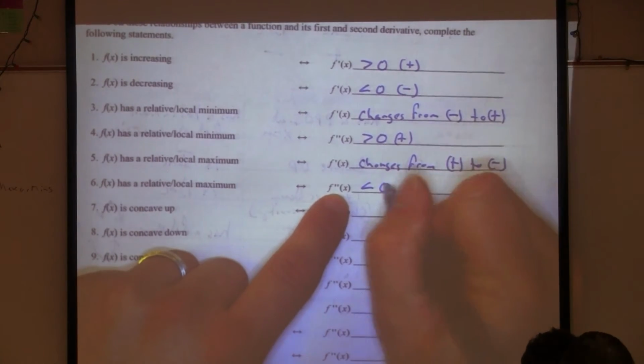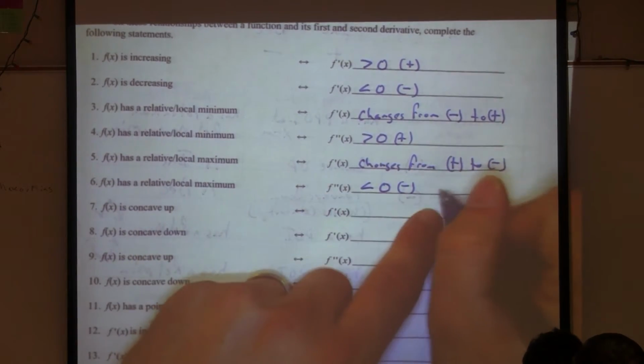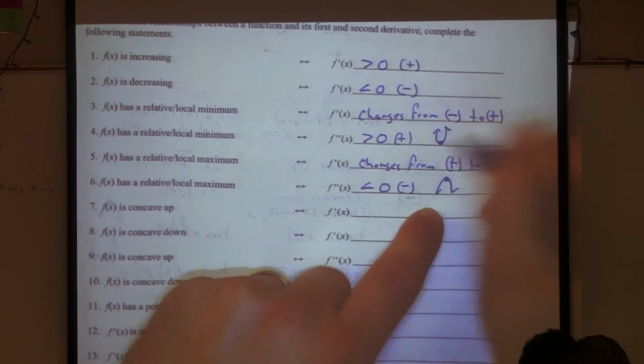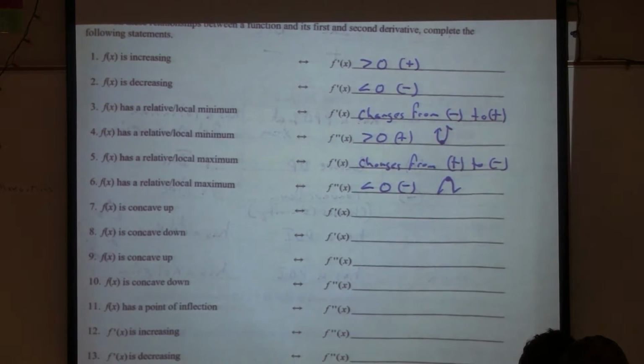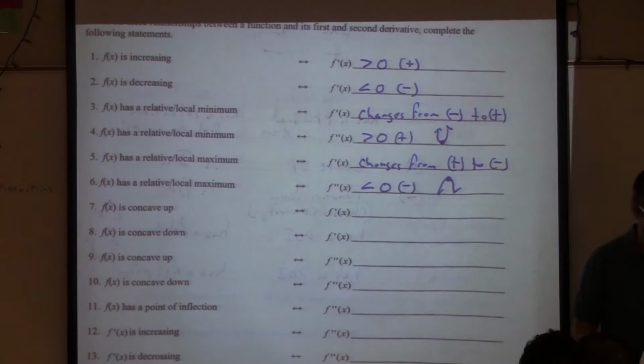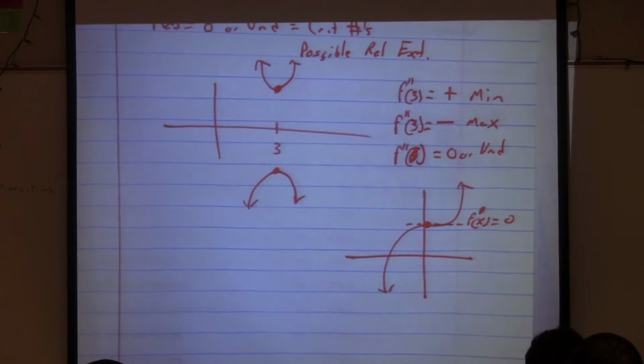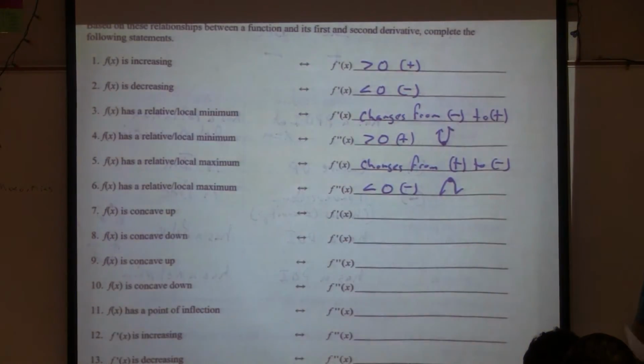Because that'll force my original function to be concave down, therefore having a maximum. And over here, this was forcing it to be concave up, therefore having a minimum. That was what we talked about yesterday with the second derivative test, using the second derivative to determine whether something has a relative max or min.